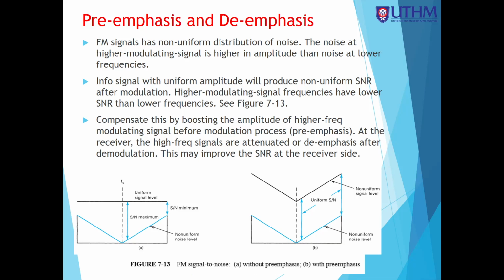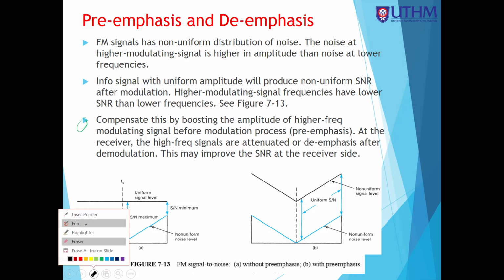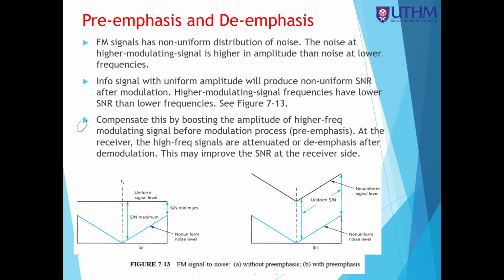If we want to compensate the noise, which means increasing the SNR, we need to increase the amplitude of the higher frequency modulating signal before the modulation process, and this is what we call pre-emphasis. This happens at the transmitter, while at the receiver side we reduce the amplitude by the same amount that we increased in the transmitter.